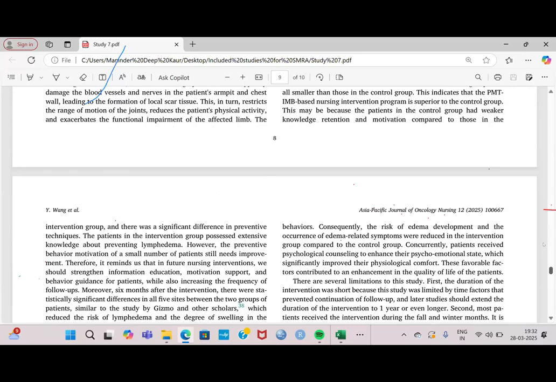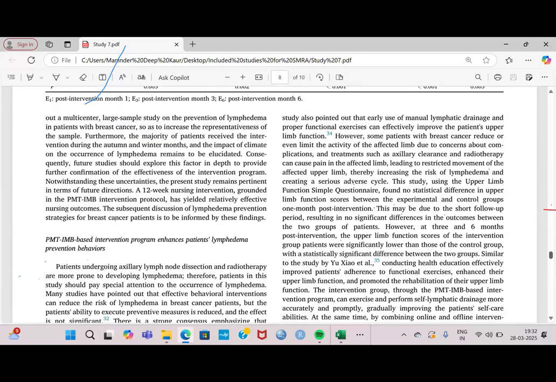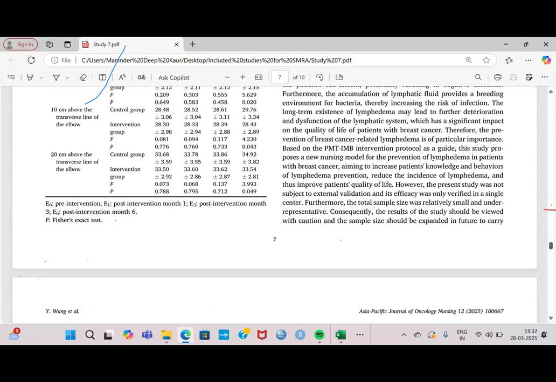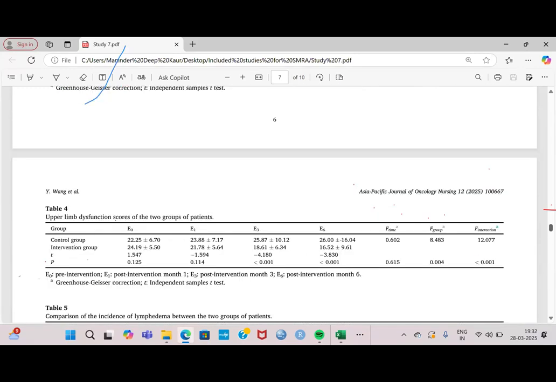No, I think we need to go up and see whether they have reported any DASH. Upper limb dysfunction score of 2 groups, because we are taking this. Yes. This is the upper limb dysfunction, because we are taking the disability in the arm, in the shoulder, or in the hand. Yes, this is telling about the DASH.